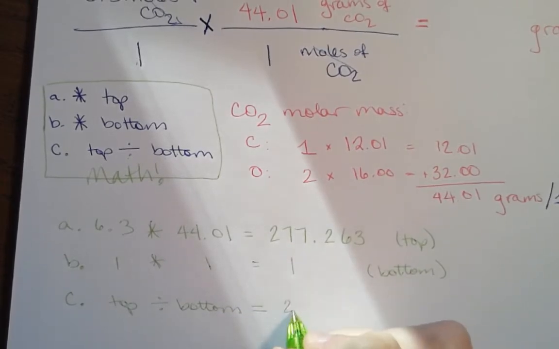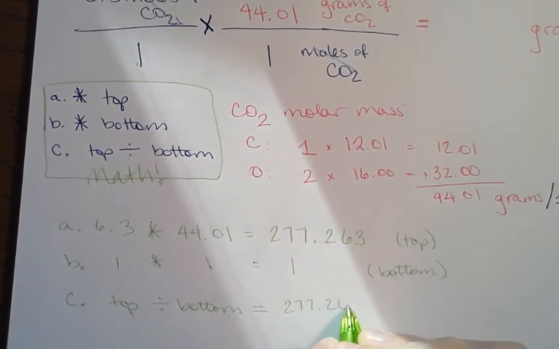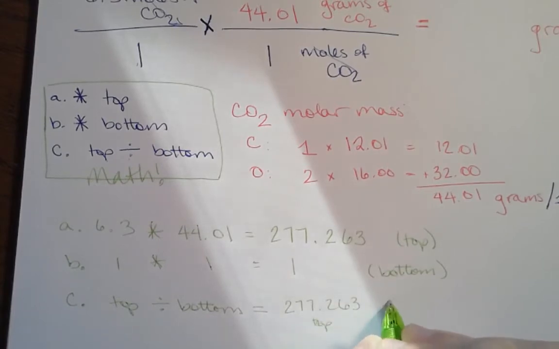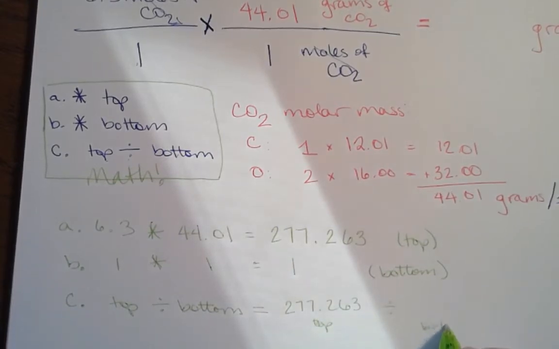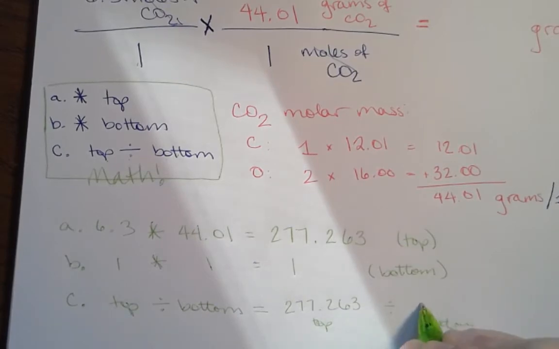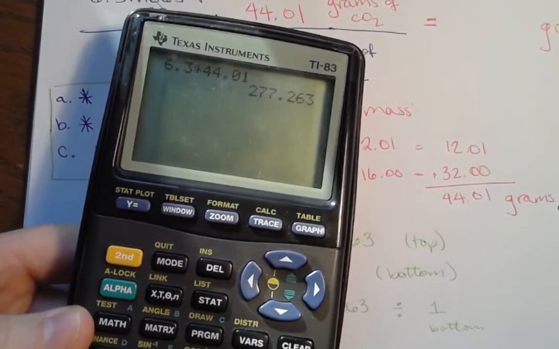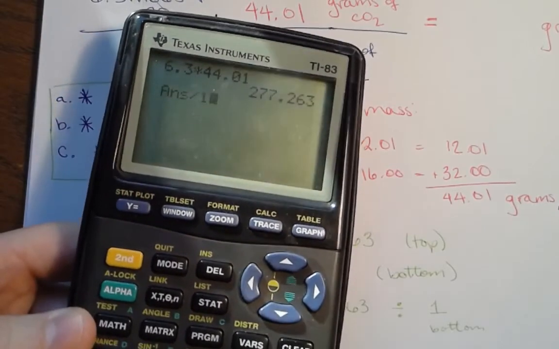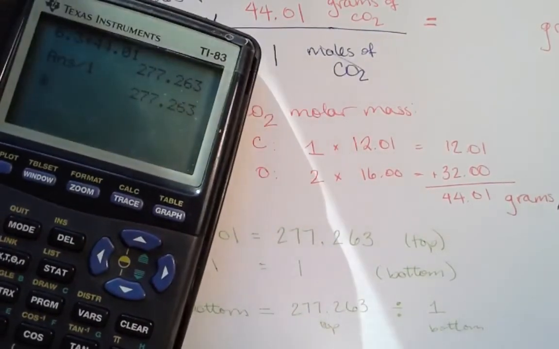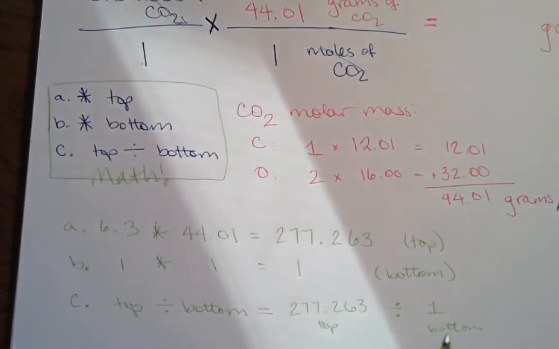Here, 277.263 is the top. We're going to divide it by the bottom, which in this case is 1. That's something divided by 1. You can plug that in if you want. So 277.263 divided by 1 is 277.263.